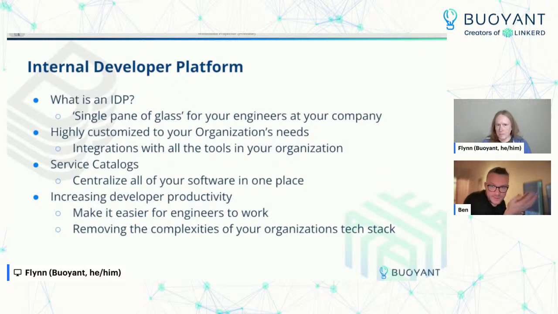I was talking about cataloging services a little bit just then, like trying to find everything that you own, and having one place where all of the microservices, software, everything inside your organization is. So you can explore it, you can go find it, you can search it. You can see the stuff that you own too. And increasing developer productivity, so making it easier for your engineers to work.